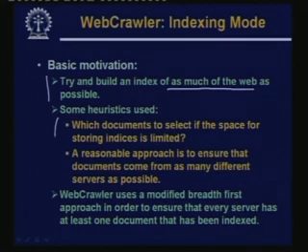So based on this criteria, the web crawler uses a modified version of the breadth first search approach in order to ensure that every server has at least one document that has been indexed. So it is basically breadth first search, but not across pages, but across websites. So when it is exploring or crawling with respect to the hyperlinks, it is also keeping track of which websites have already been explored.